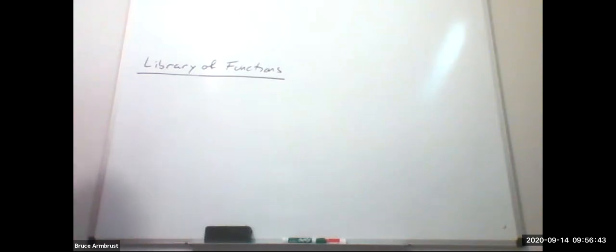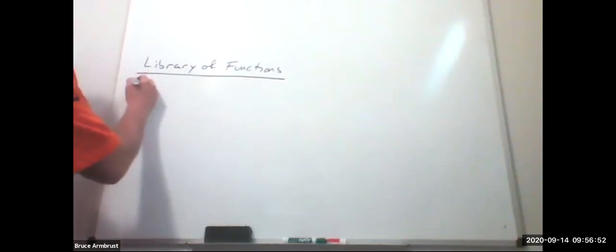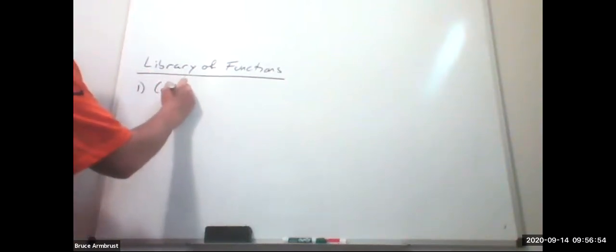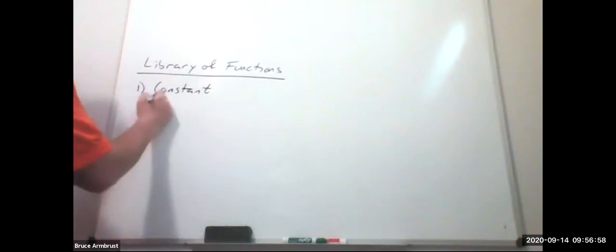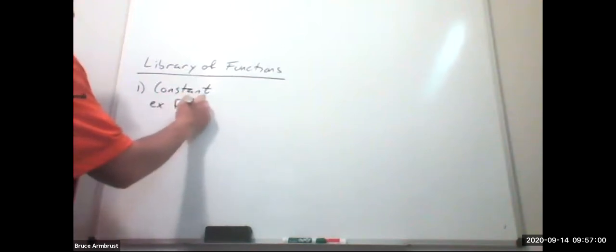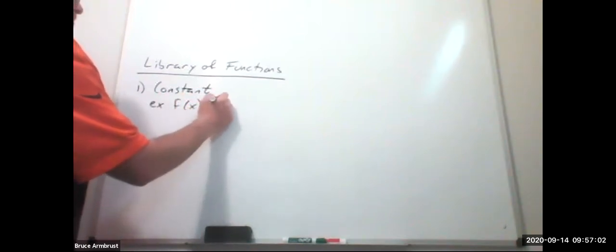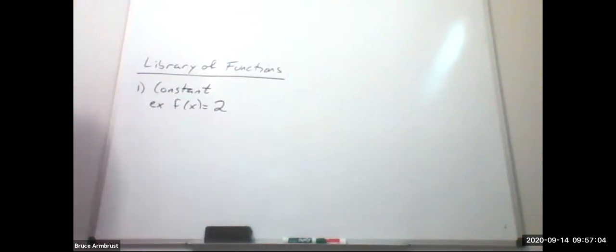Like you should know just about everything about these. All right, so let's start with constant functions. So an example would be like f of x equals 2. Not 2x, just 2.